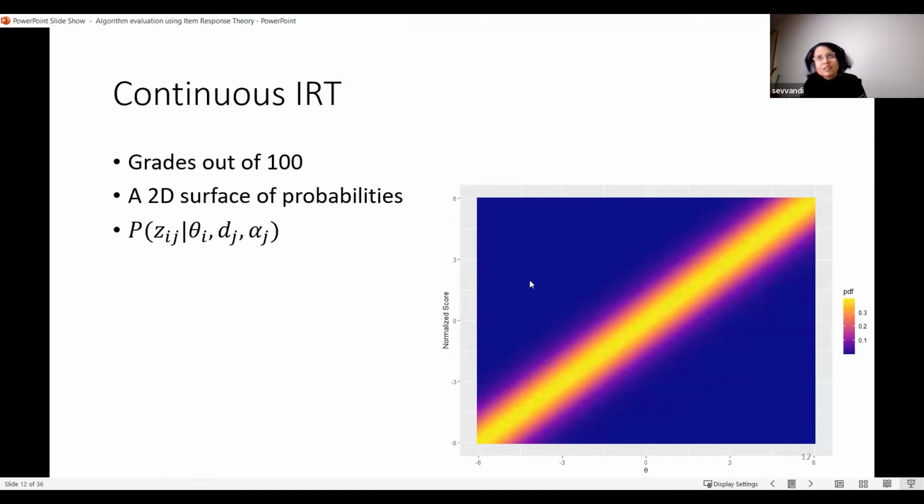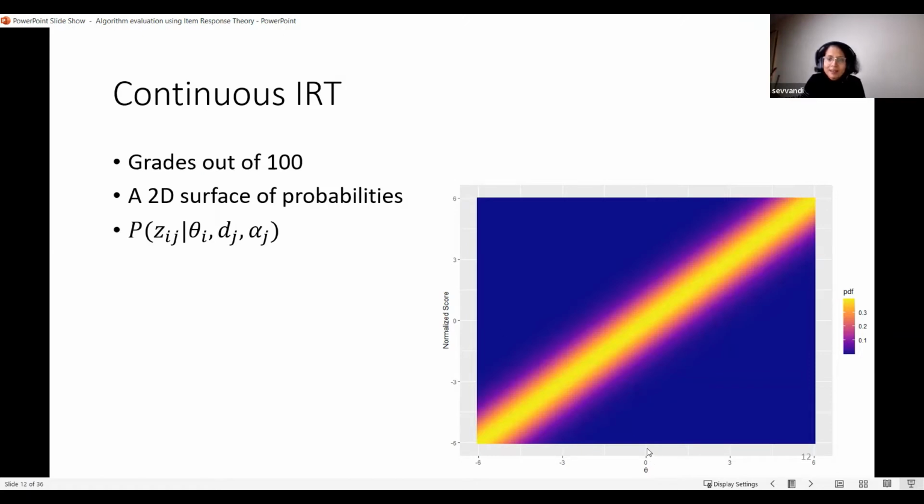And then you have the continuous case. The continuous case is not actually continuous. It's like you have a lot more values, like grades out of 100. So strictly speaking it is discrete, but you can have a lot more grades out of 100 if you mark with decimal places, so you can model it as a continuous thing.